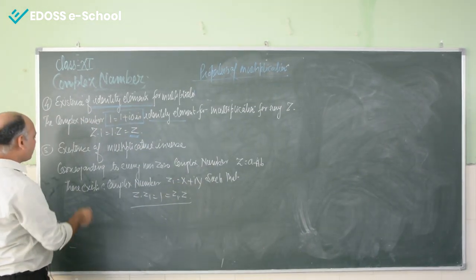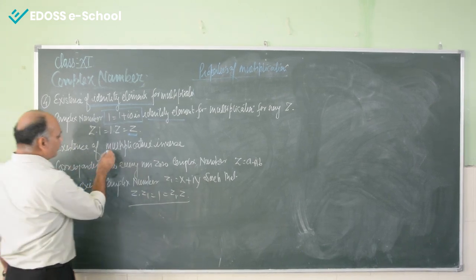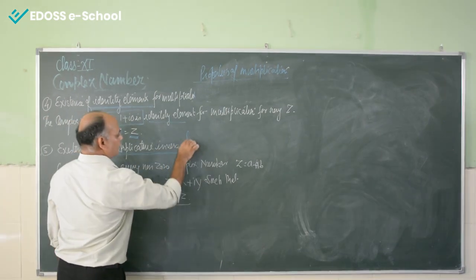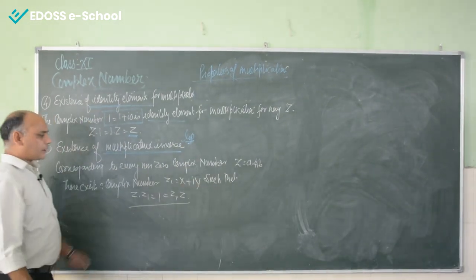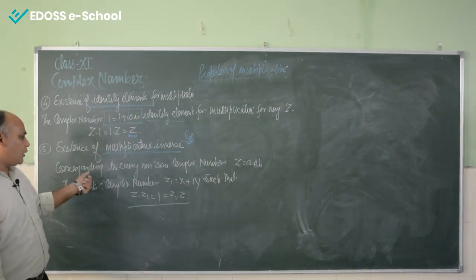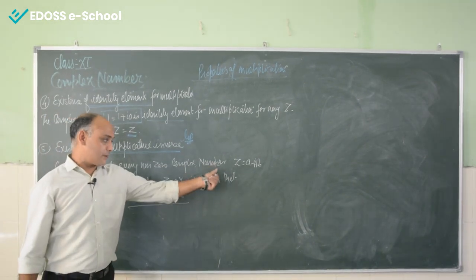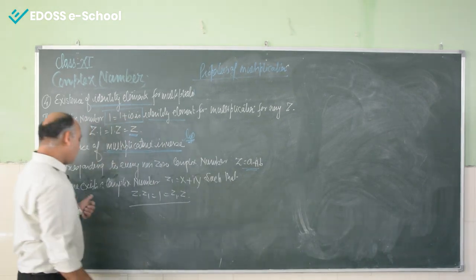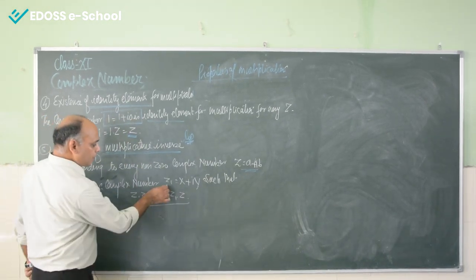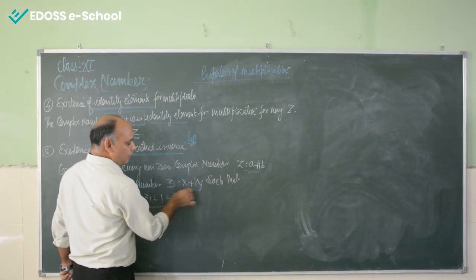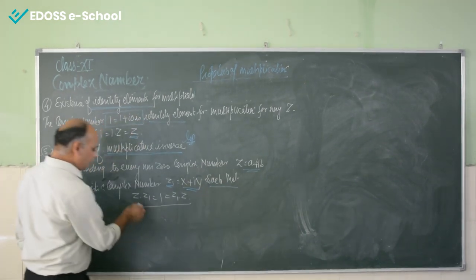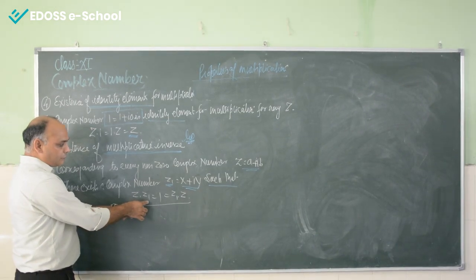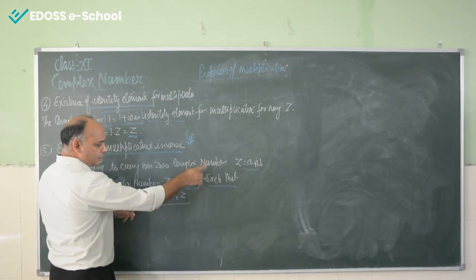And the fourth property is existence of a multiplicative inverse. This is a very important topic. Multiplicative inverse. This corresponds to every non-zero complex number z equals a plus iota b. There exists a complex number z1 equals x plus iota y in such a manner that z into z1 is equal to 1, where z and z1 are different.